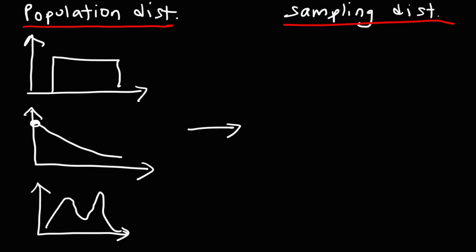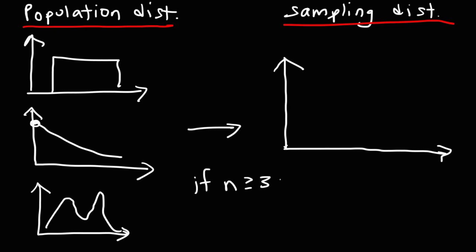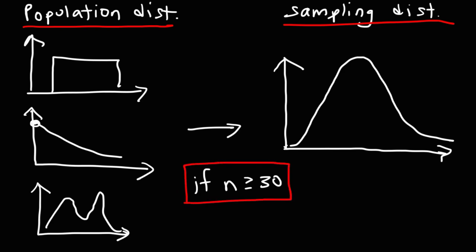If we collect samples from the population, calculate the mean of those samples, and plot it on a graph, we're going to have the sampling distribution of the sample means. And if n is large enough, let's say it's greater than or equal to 30, then the sampling distribution will approximate a normal distribution. So in this case, if the population distribution has a shape other than a normal distribution, you need to collect samples with a large enough size, 30 or more.